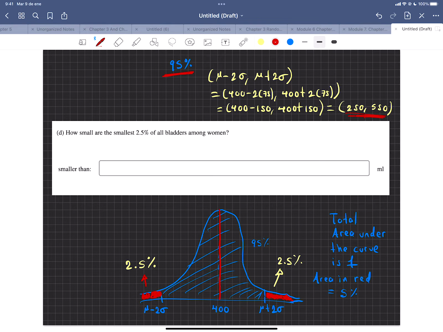But the question is only smaller than, so it has to be 250. Because this value goes here. This is equal to 250. And this is equal to 550. So the answer is 250 in this case.